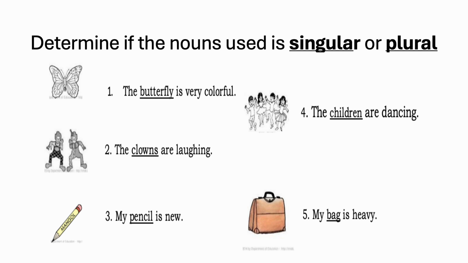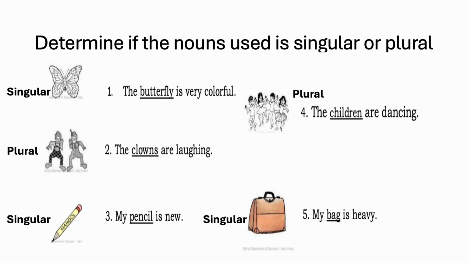Okay, let us see if your answers are correct. Alright, butterfly, it's only one. That is singular. What kind of noun is that? That is irregular. Okay, clowns, plural.